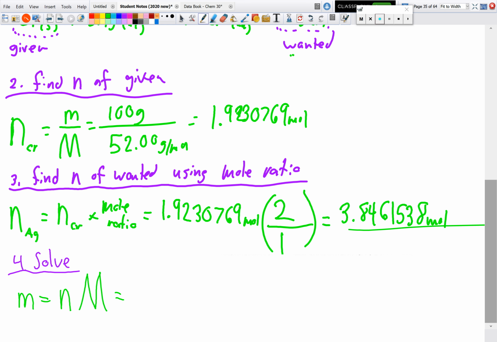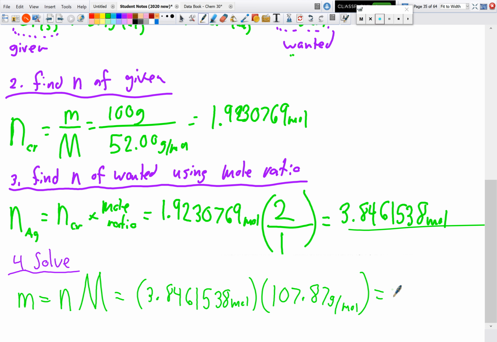So we take the number of moles we just solved for, 3.8461538 moles, and we multiply by the molar mass of silver, which once again you just refer back to your periodic table, and you'll find silver is 107.87 grams per mole, and when you plug that in, you get 414.88 grams, and that is just equal to 415 if we want to do 3 significant digits. And that is the answer for that one.